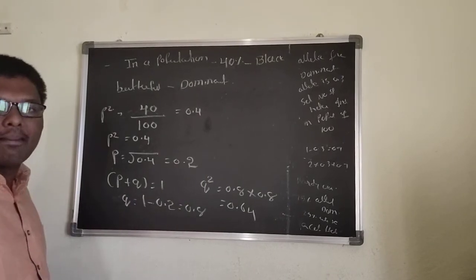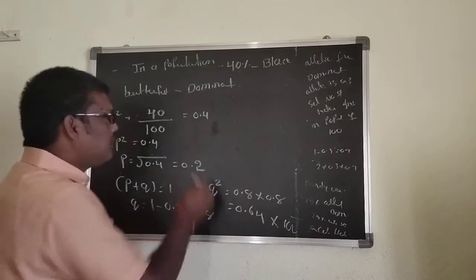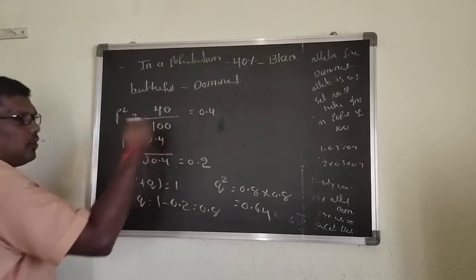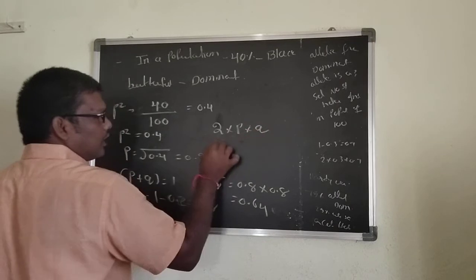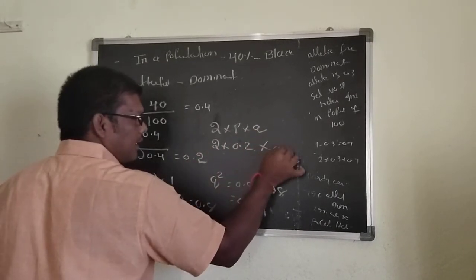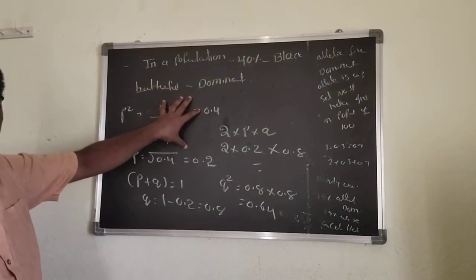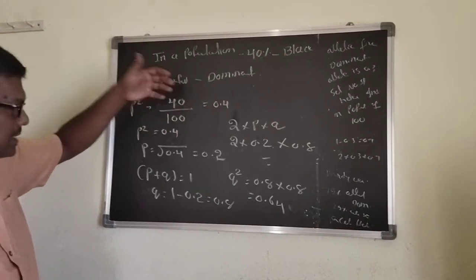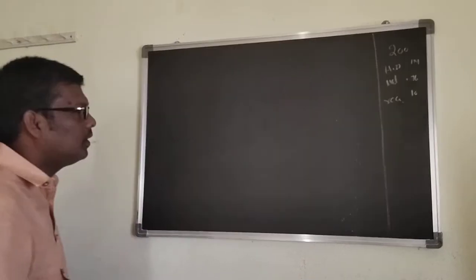If they ask for the number of individuals, multiply by 100; or they may ask only for the frequencies. If we ask for heterozygous, it is 2 into p into q, that is 2 into 0.2 into 0.8, and you get the answer. If they ask for percentage, compulsorily you calculate with 100 only. The next one.